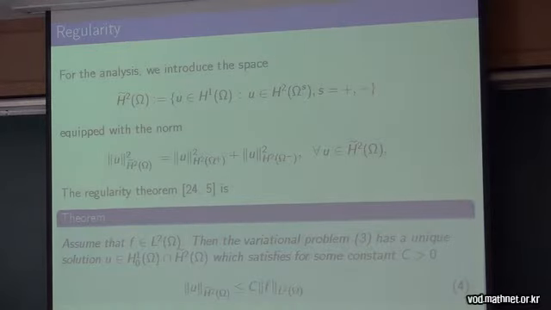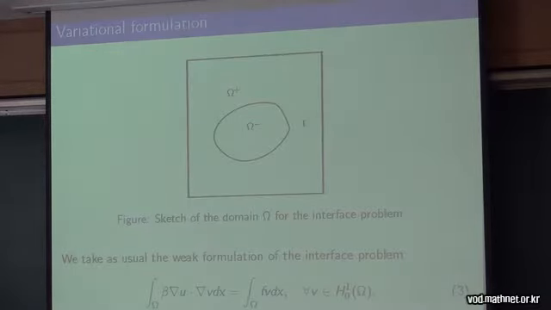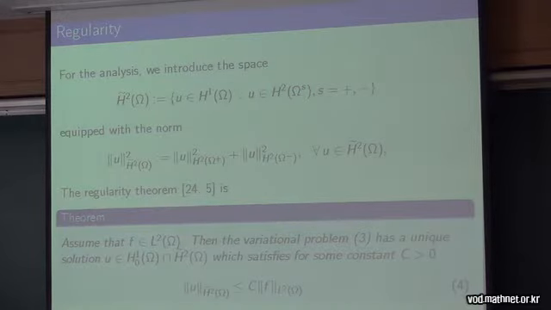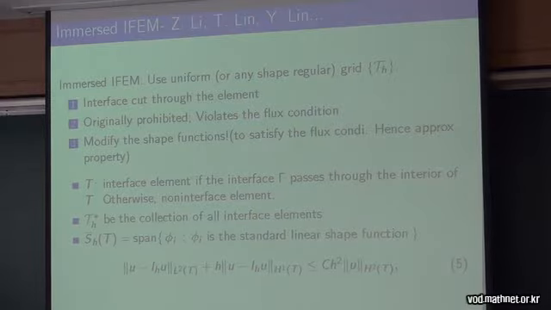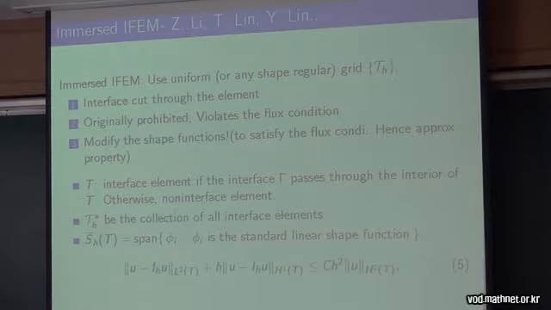You can start with the usual finite element variational formulation with some broken norms, and the regularity result is known. Now let's see the original one from 10 years ago, we call it IFEM, the immersed finite element method.